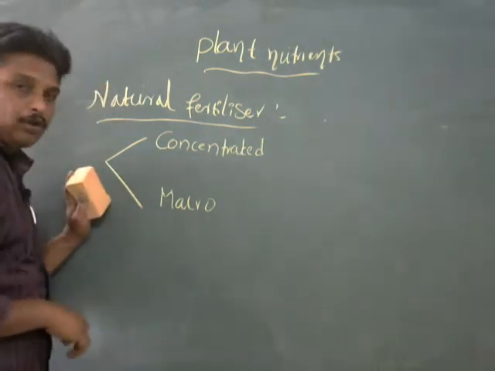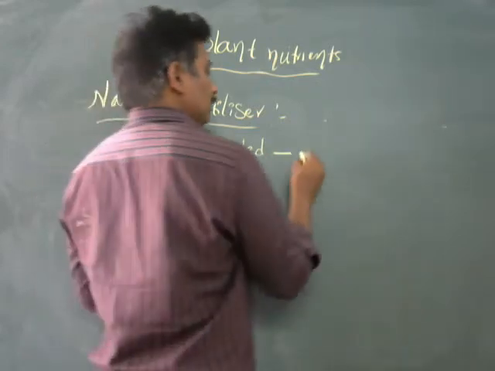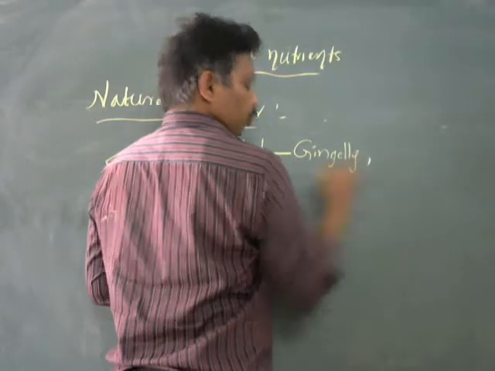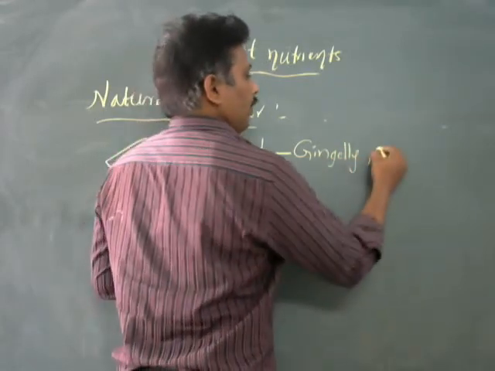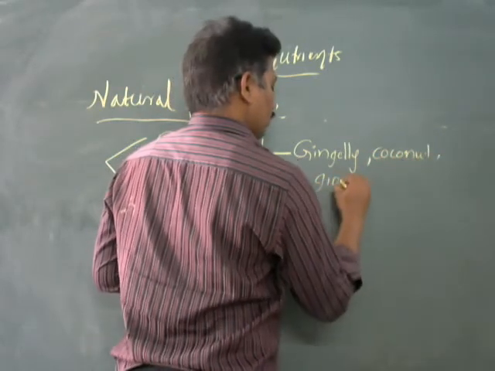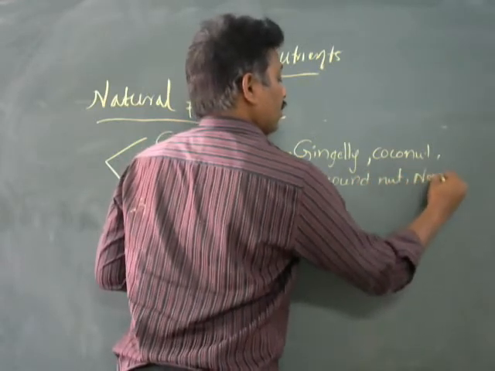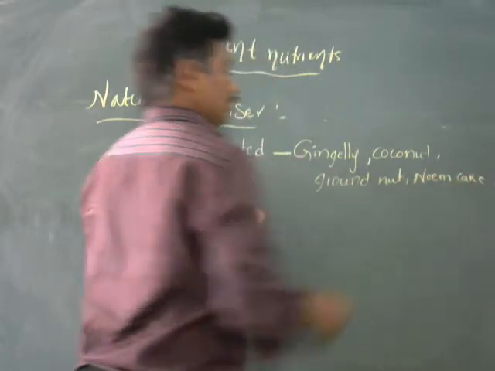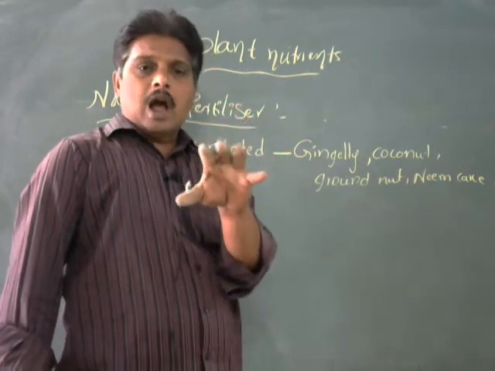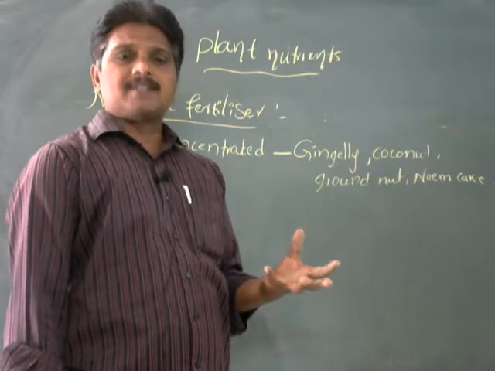Concentrated ones are like gingerly, coconut, groundnut, neem cake. From these seeds, after extracting oil, whatever remnant is present is called cake.